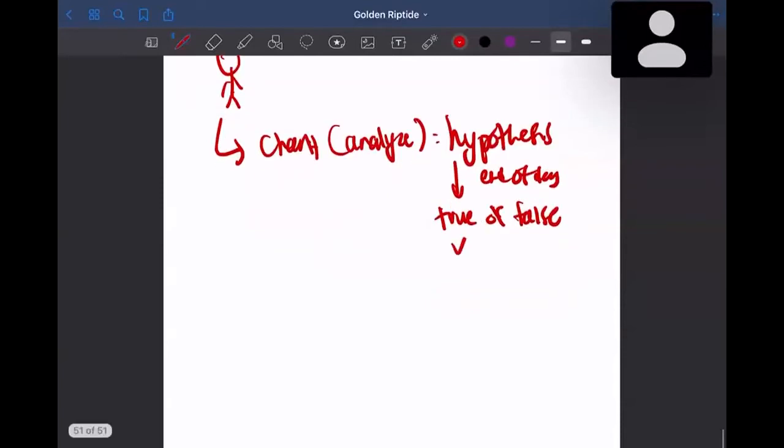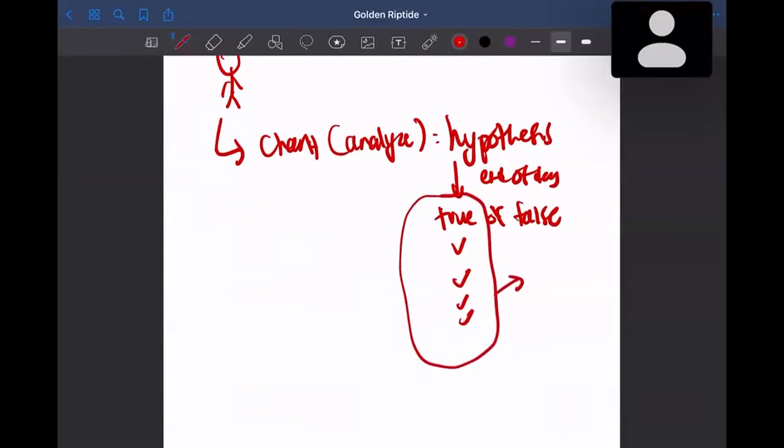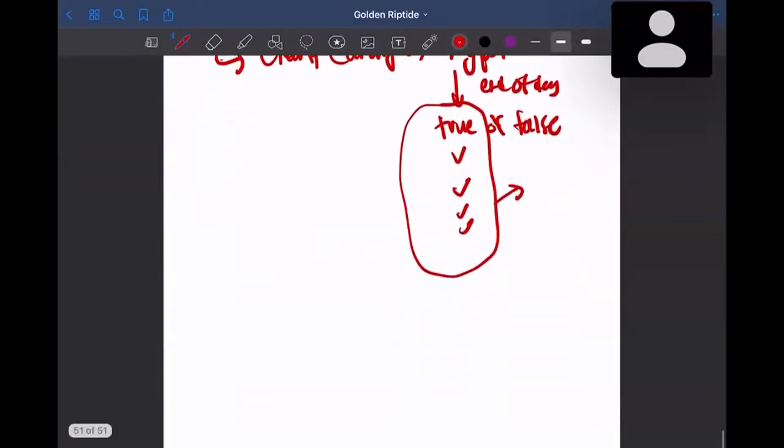If it's true, and the next day it's true, you have created a strong understanding for you to succeed in trading.